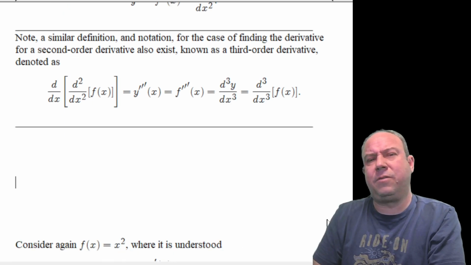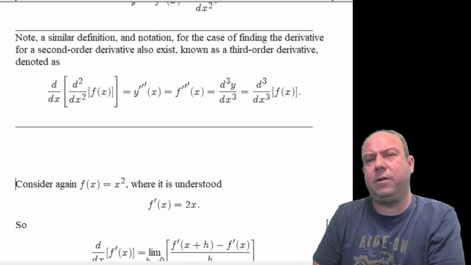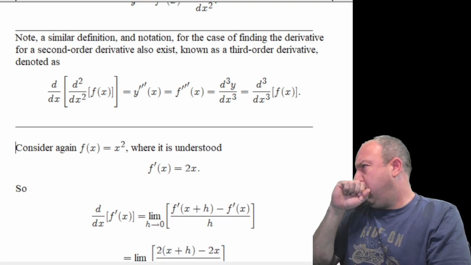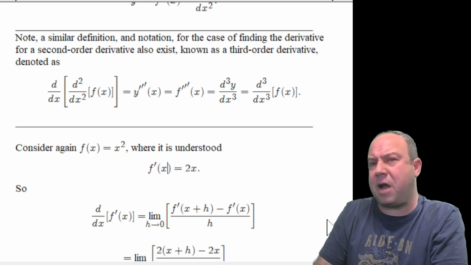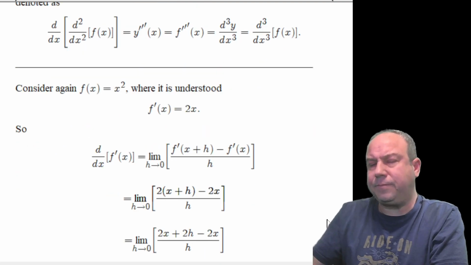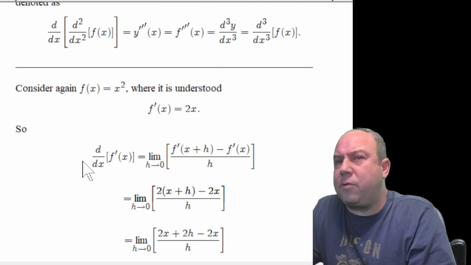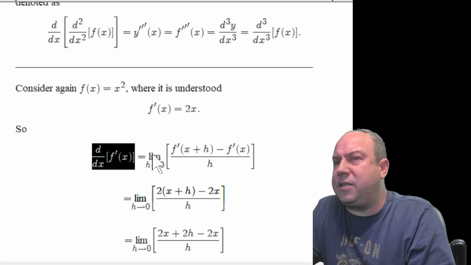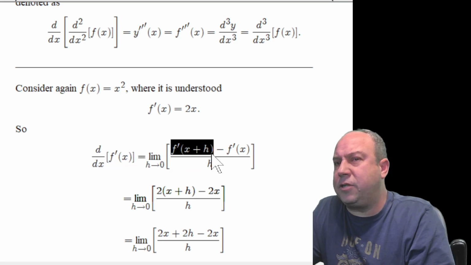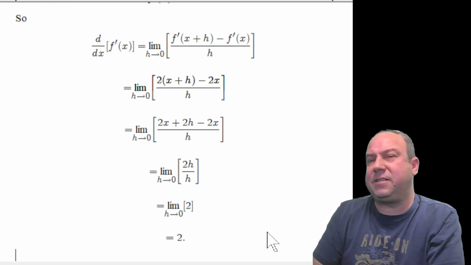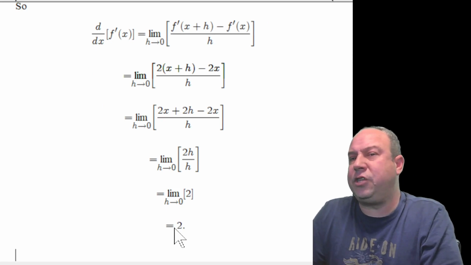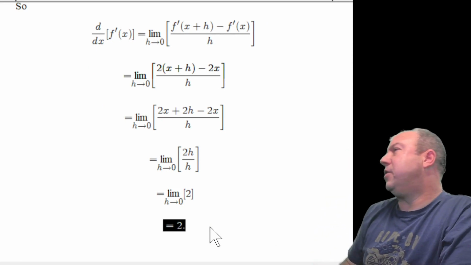I do think I note that again for x squared, where we understand f prime of x is 2x. If we apply that derivative operator to f prime, well, that's just like applying this limit now to function f prime of x, which through the work we will see will simplify itself down into the value of 2 in our calculation.